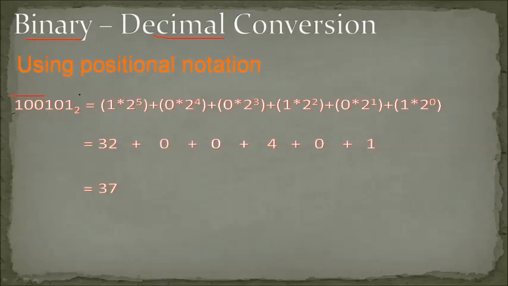So here, what is the positional value? 0, 1, 2, 3, 4, and 5. You should be aware of this positional value, because without the positional values, you cannot work out this problem properly.